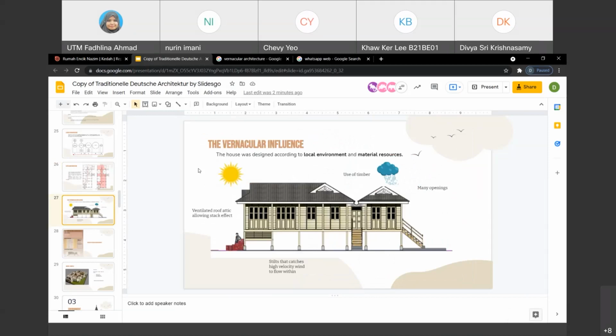First of all, the use of timber, and then there are lots of openings for ventilation for this house, and then the stilts that catch high velocity wind to flow within it, and also the ventilated roof attic allowing the stack effect. So I will also explain more about the vernacular influence in the presentation board. So I'll show the graphs.